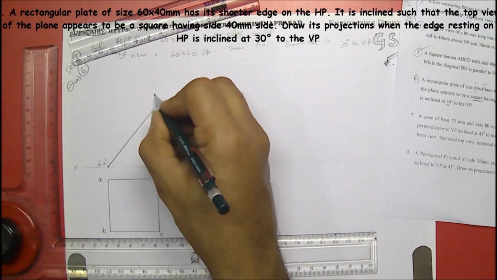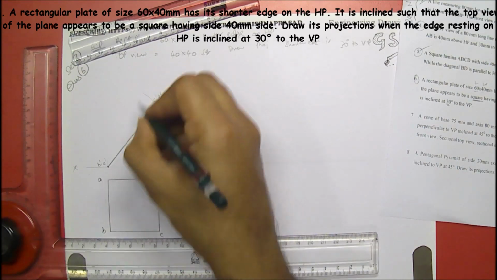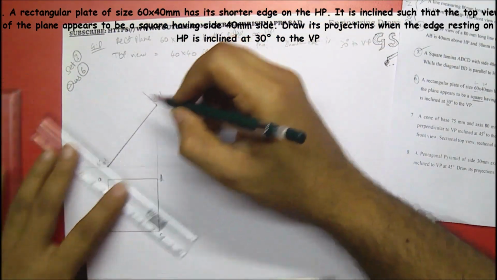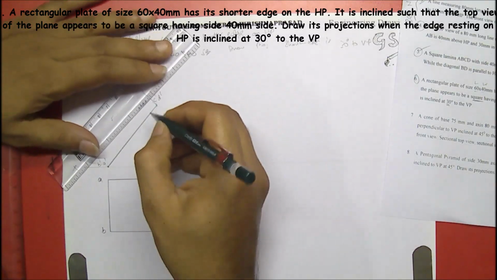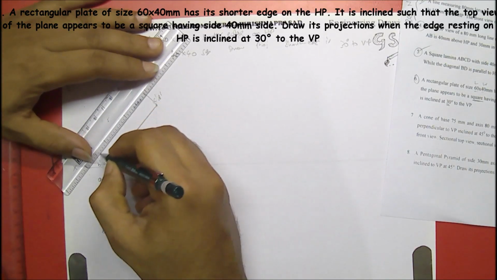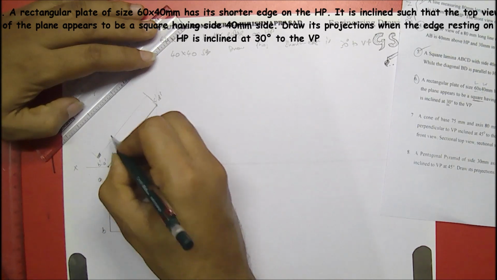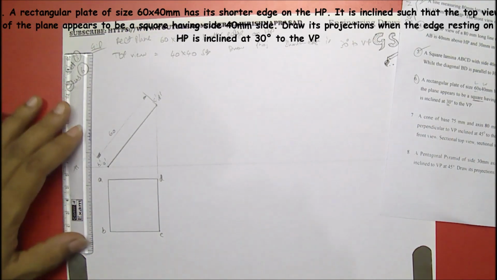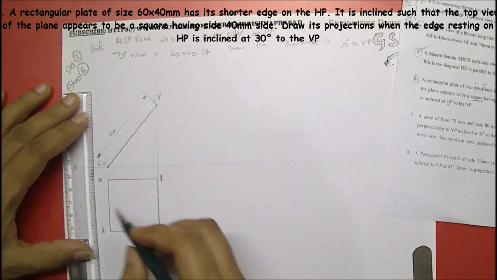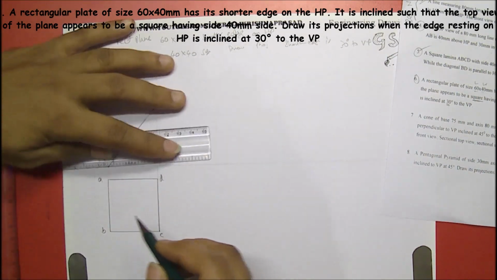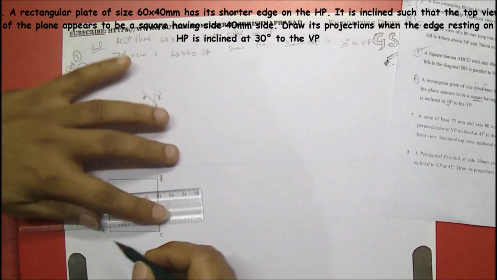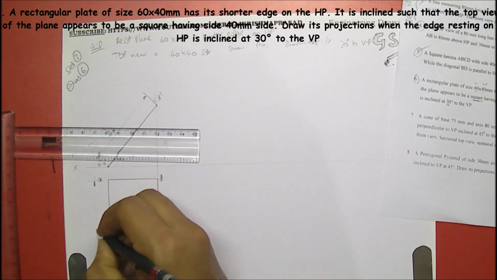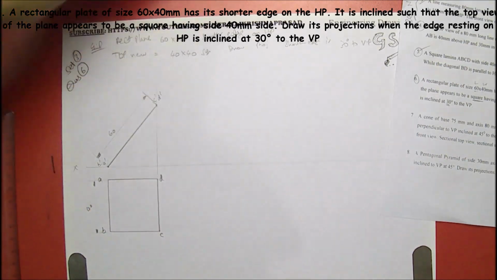This would be C dash and D dash, and this would be 60, and this would be 40, right?